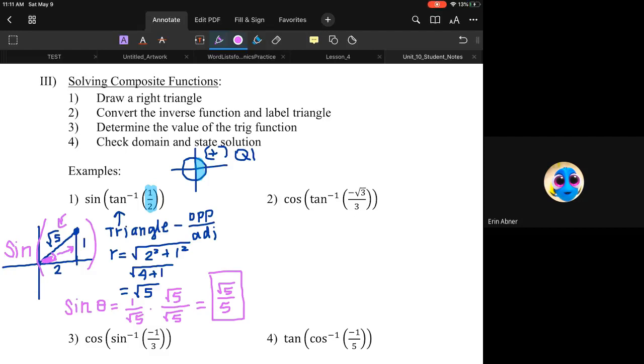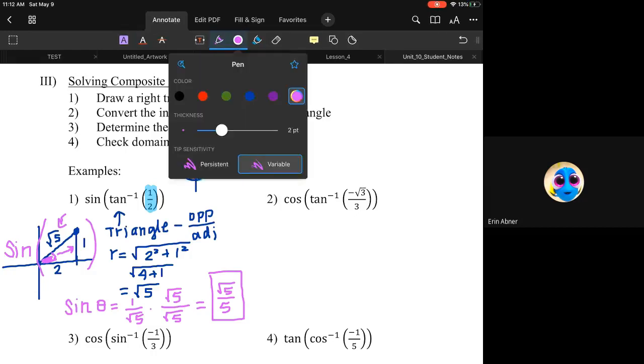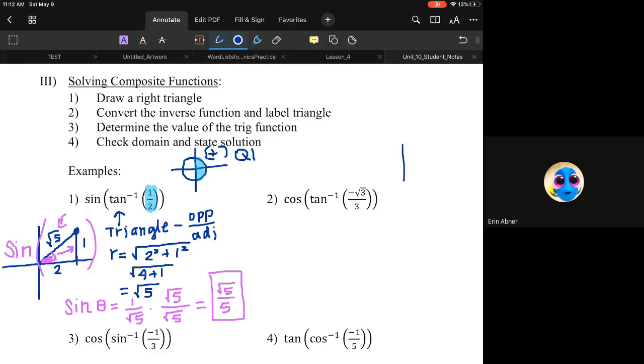And so this time it's negative. I'm looking at my quadrants here, and I'm worried about my tangent, which is just this side. And this is the positive, and this is the negative. This time I want the negative. So I'm going to be here in Q4.